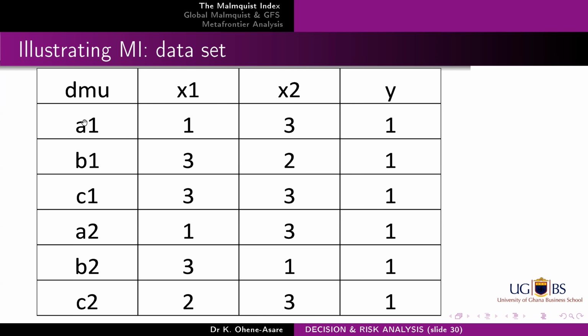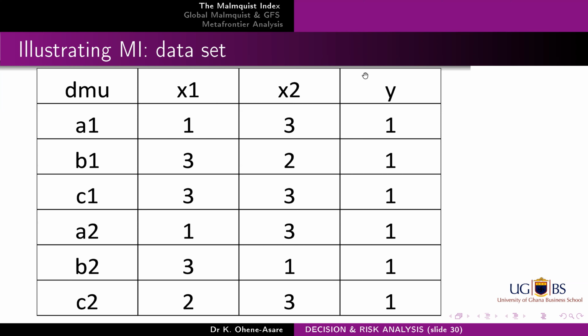Now, the DMUs A, B, and C are in year 1 and in year 2, as you can see. Note that I could have just simply written it as A, B, and C, A, B, and C, created a column called year, and then have 1, 1, 1 for the first year, 2, 2, 2 for the second year. Now, the first thing to do is to plot this data.